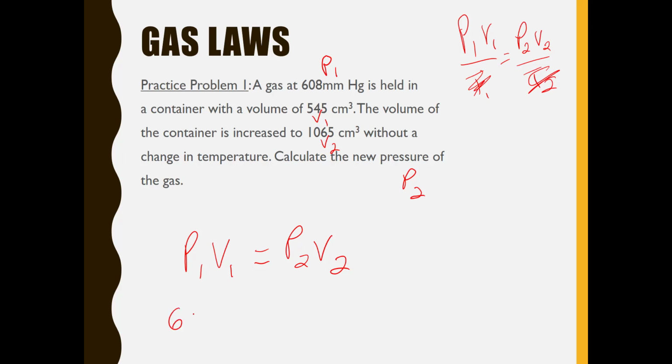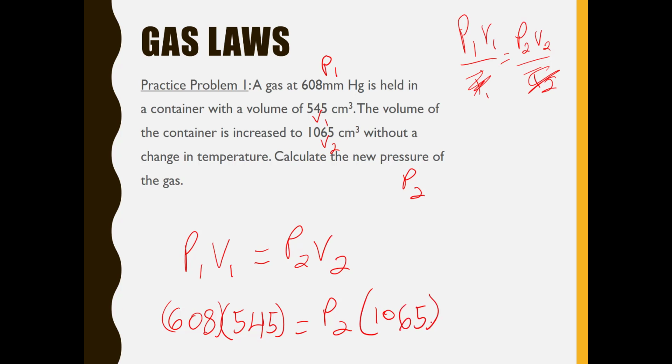P1 we know is 608 millimeters of Hg. Our volume we know is 545 centimeters cubed. As long as our units are staying constant, which they are, we don't need to write them. P2, and now we have V2, which is 1065 centimeters cubed, and we solve for our unknown.